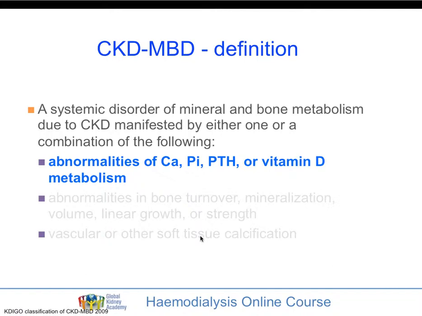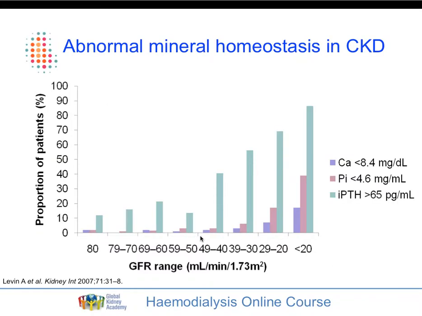So let's talk about the laboratory abnormalities first, and calcium, phosphate, and PTH. As you know, as your GFR declines, the parathyroid hormone here in green starts to rise, and it rises relatively early on, even when the GFR falls to less than 80 and 70, you can see, and then as your GFR declines further, it rises more.